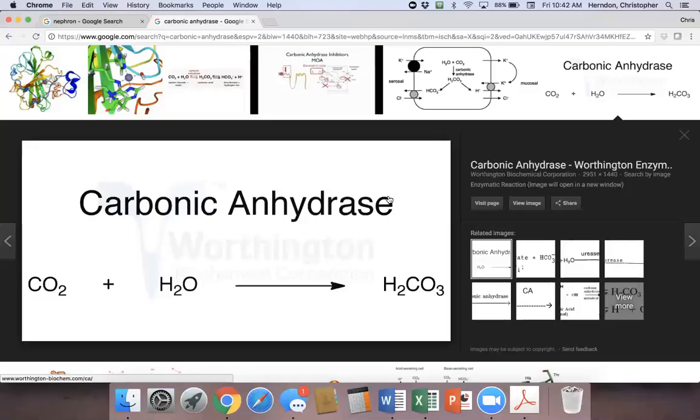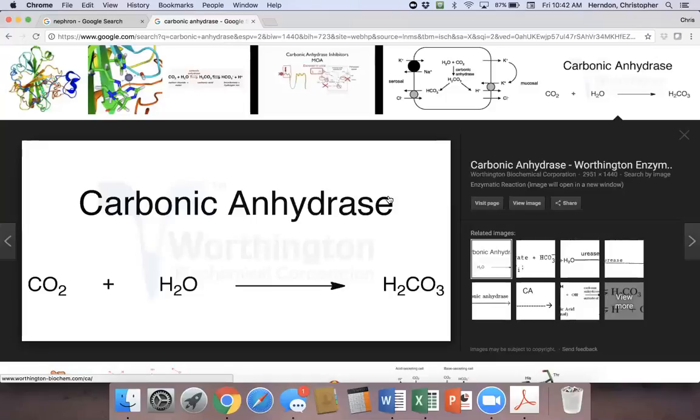So if we give a carbonic anhydrase inhibitor, we're keeping more CO2 in the body. Do you guys agree? So we're compensating with a metabolic acidosis. Does that make sense?